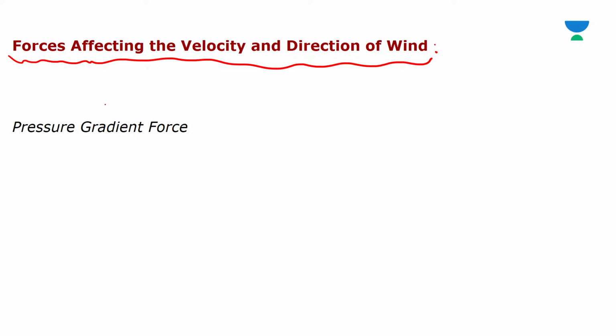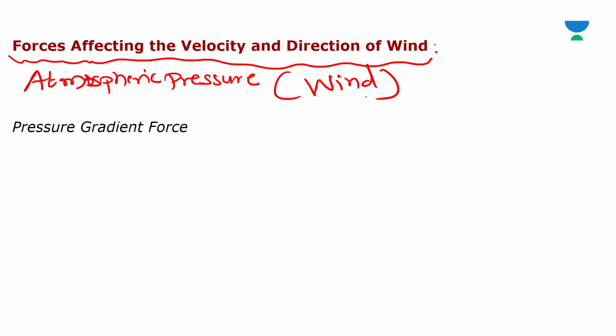Now friends, the air is set in motion due to the differences in atmospheric pressure. The air in motion is called wind, as we have discussed. So, the wind blows from high pressure to low pressure, and the wind at the surface experiences friction.